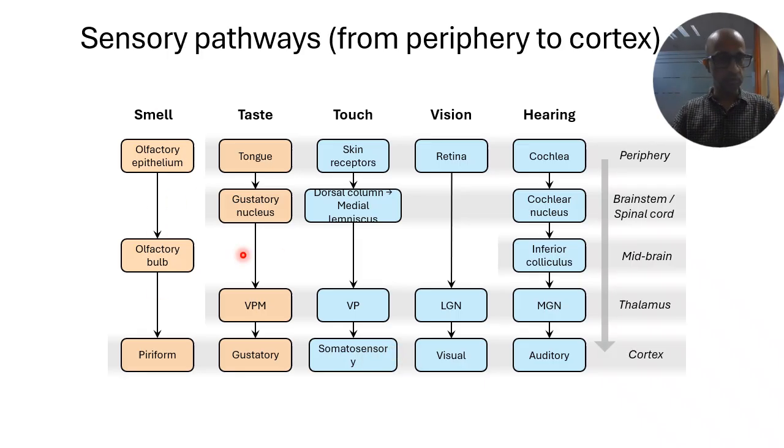For the olfactory system, you have a completely different region called the olfactory bulb, which is not really the equivalent of any of these regions. Finally, that information passes through the piriform cortex. At these different stages, information gets processed.